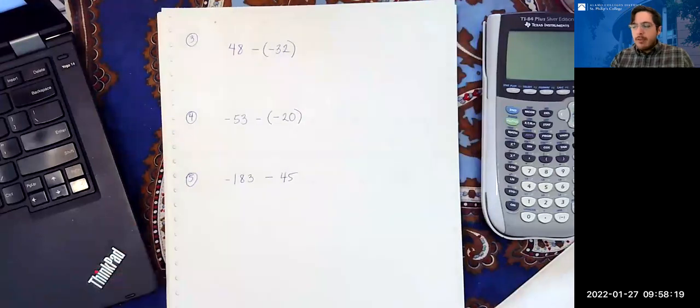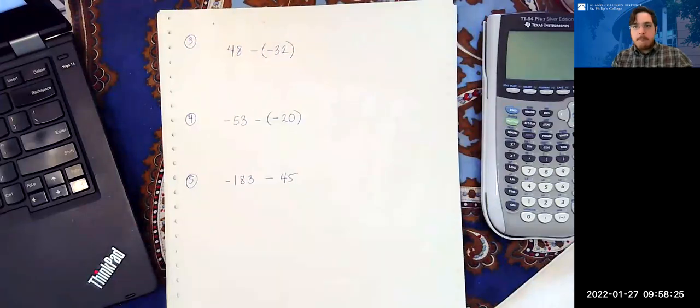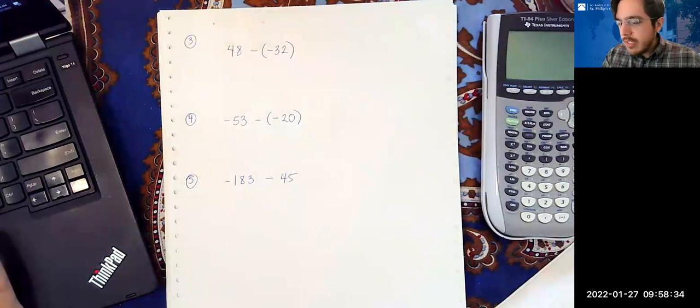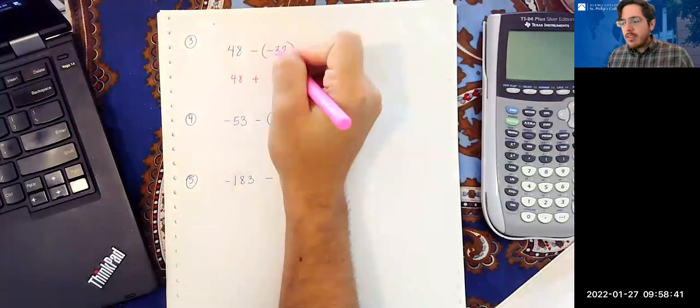But okay, for the first one, how do we want to approach that? The keep, change. Yeah, let's do the keep, change. Okay, so I'll go ahead and switch this to 48 plus, and then the opposite of -32 is +32.